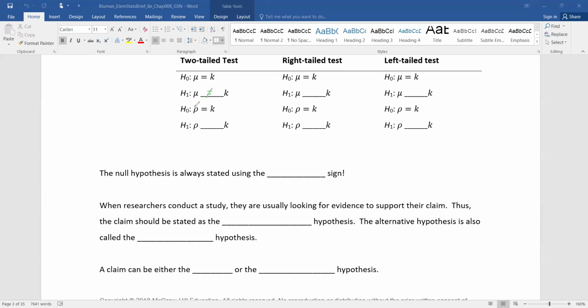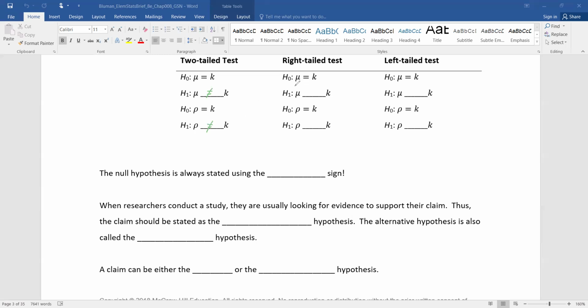I forgot what this symbol is, but I know we'll see it later on and that'll recall. But for now we'll just call it any parameter instead of just the mean. So any parameter would be equal for the null hypothesis, and any parameter would not be equal for that alternative hypothesis. For a right-tailed test, you'll notice that the null hypothesis is always equal.